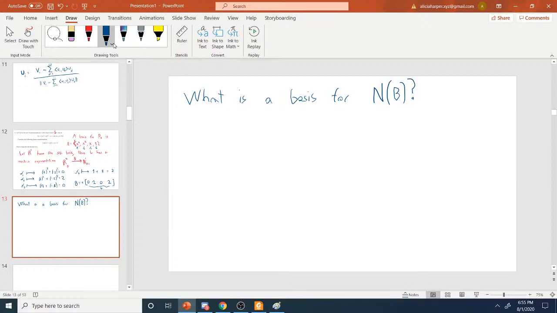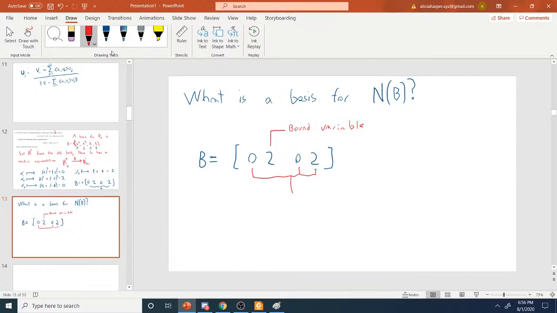Well, here's what we know. If B is equal to this, then this right here is the first non-zero term in the row. So this is a bound variable. And this right here, this right here, and this right here are all free variables.